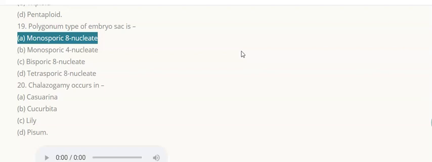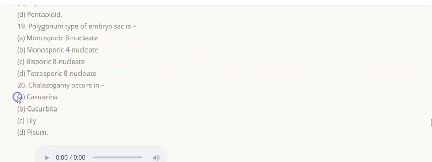Then we move to question number 20. Chalazogamy occurs in: Casuarina, Cucurbita, Lily, and Pisum. The answer is quite simple. It will go with option A, Casuarina. Now what is chalazogamy? Let me give you a small narrative.